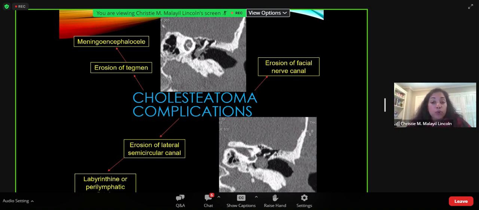It could also erode the bone of the lateral semicircular canal, which may result in the formation of a communication between the middle ear cavity and inner ear, also known as a labyrinth. So that would be a perilymphatic fistula or labyrinthine fistula. Those are some complications associated with cholesteatoma, and it's very important that you are aware of this diagnosis.